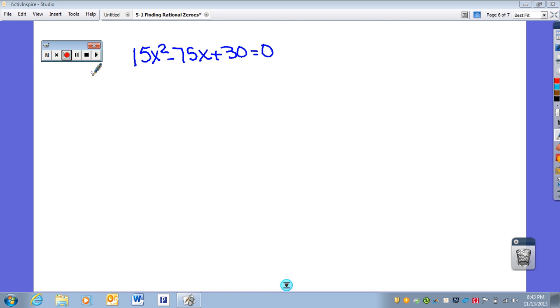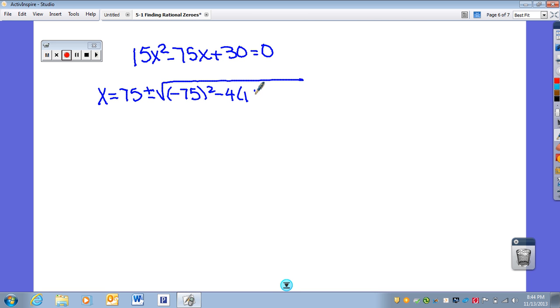So we have 15x squared minus 75x plus 30. So we have x equals negative b, which would be 75, plus or minus the square root of b squared minus 4 times a times c, all over 2 times a, which is 15.